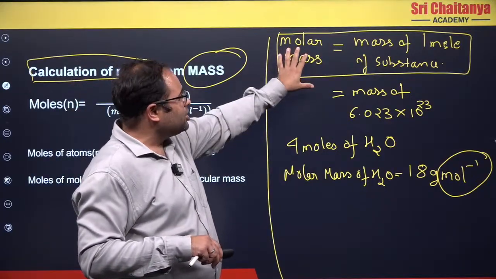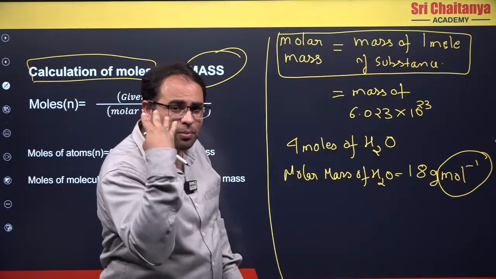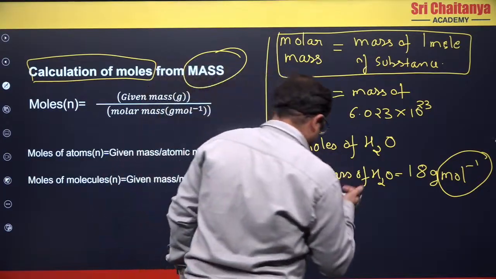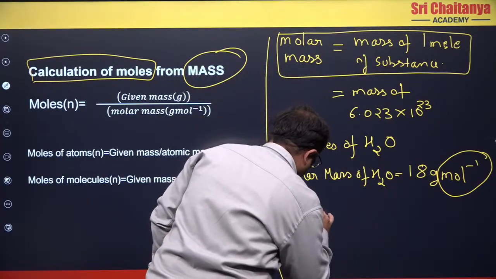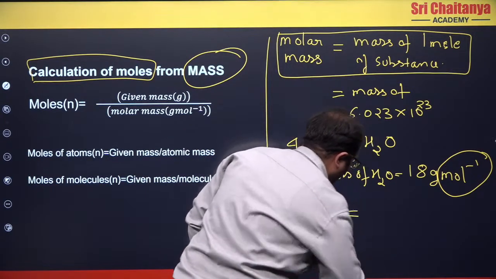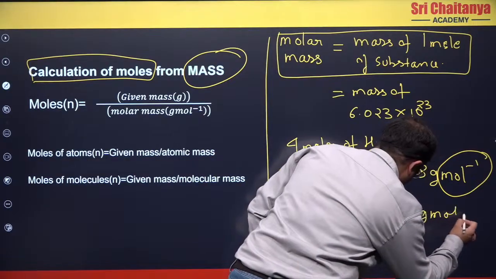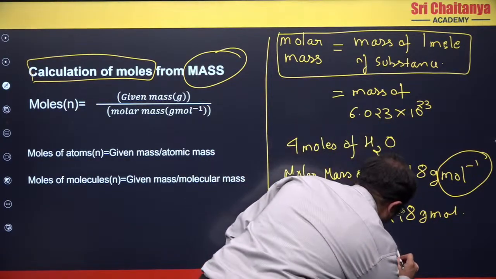So molar mass is essentially mass of 1 mole. So mass of 1 mole you know. So what will be the mass of 4 moles? Mass of 4 moles will be 4 into 18 grams per mole, right?